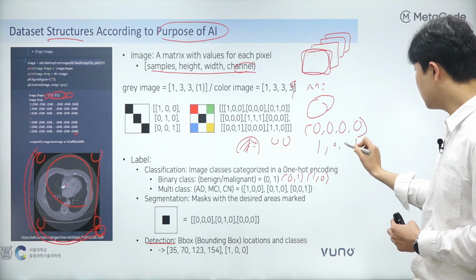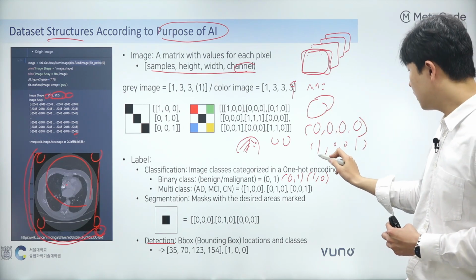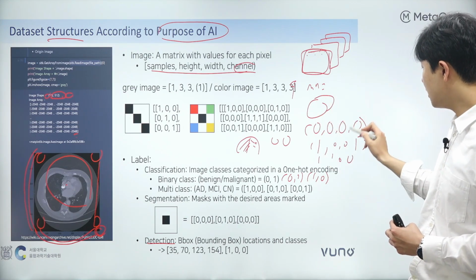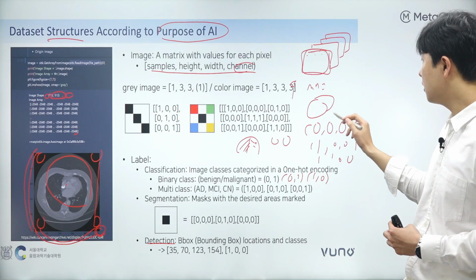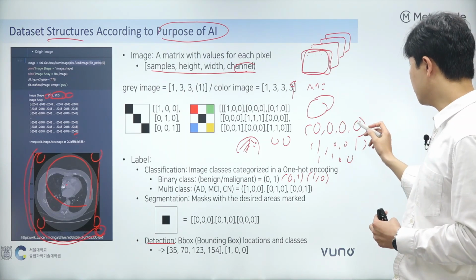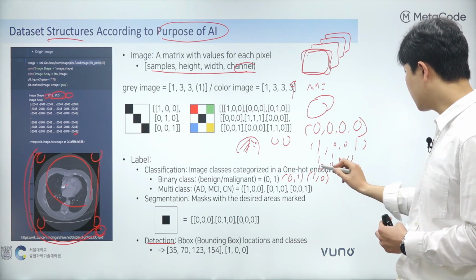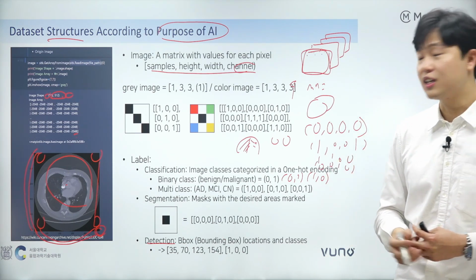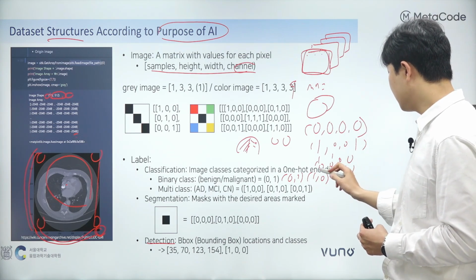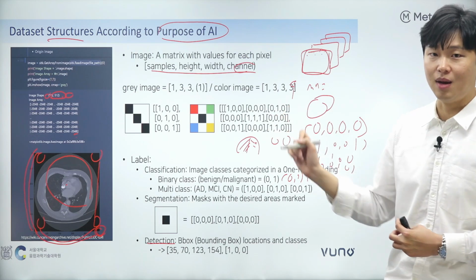If they have both pneumonia and COVID, their label will be 1001, and if they have tuberculosis and pneumonia, the label will be 1100, and if they only have pneumothorax, the label would be 0010. And if they have all the diseases, the label would be 1111. And if they do not have any diseases, the label would be 0000.